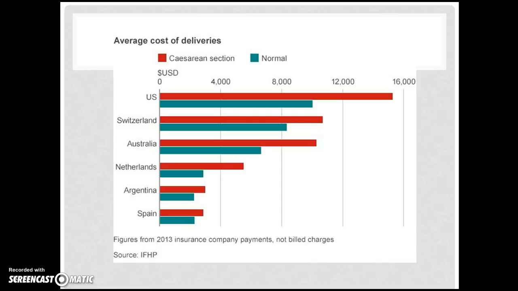Here's a graph that demonstrates how much is spent out of pocket for your typical baby delivery. It is split into cesarean deliveries and normal deliveries. You can see that the average U.S. person is going to pay thousands and thousands more than their Swiss, Australian, Dutch, Argentinian, and Spanish counterparts.